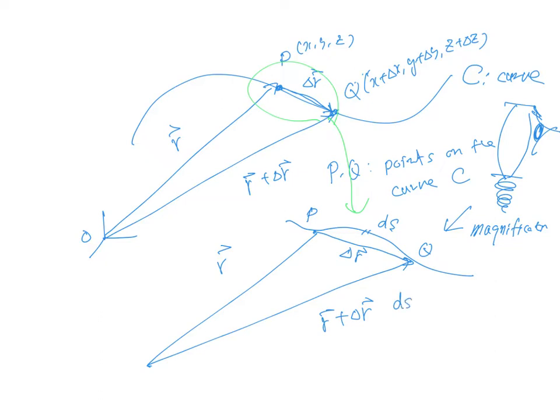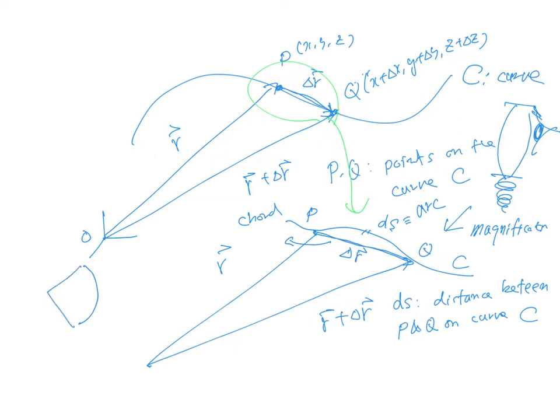So ds is the distance between P and Q on curve C. The part of the curve that is related to ds is called the arc, and the direct line, delta r, is called the chord. Arc comes from the archer's bow.